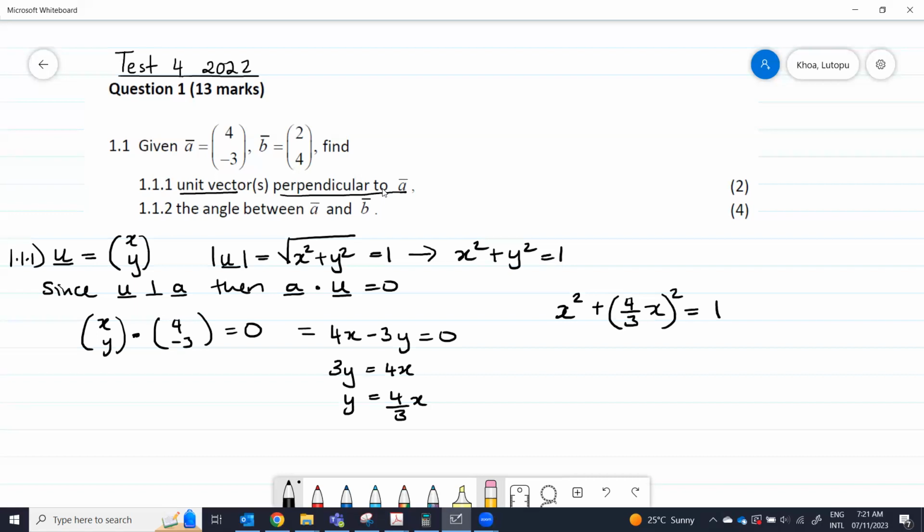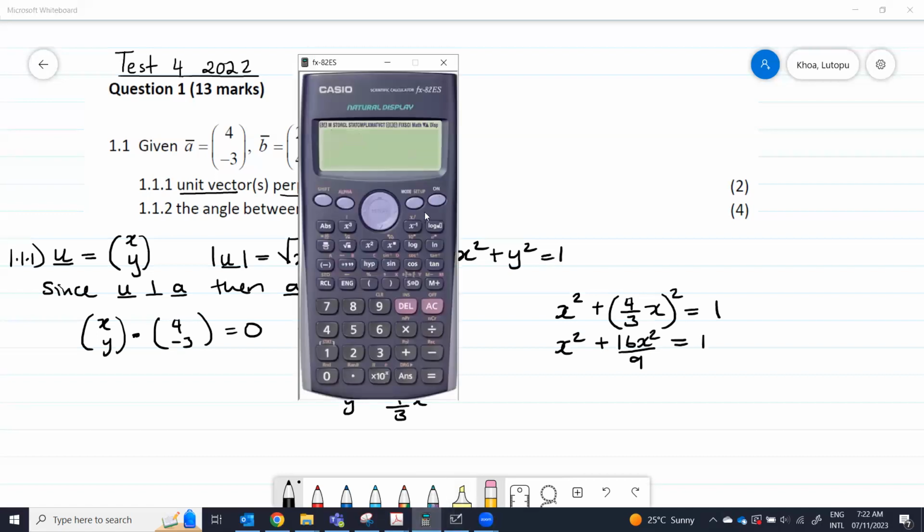Okay, so this gives us x squared plus 16x squared over 9, and this is equal to 1. So these two, we add them together: 1 plus 16 over 9 is 25 over 9.